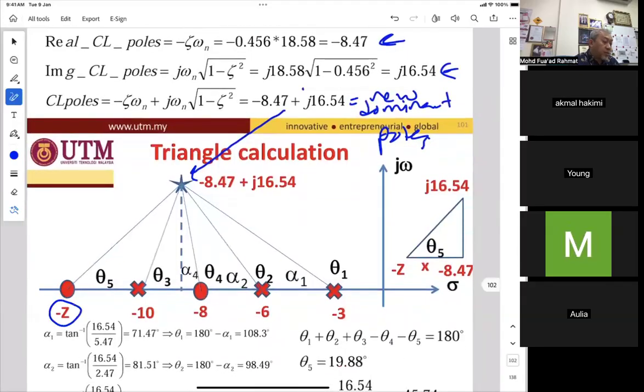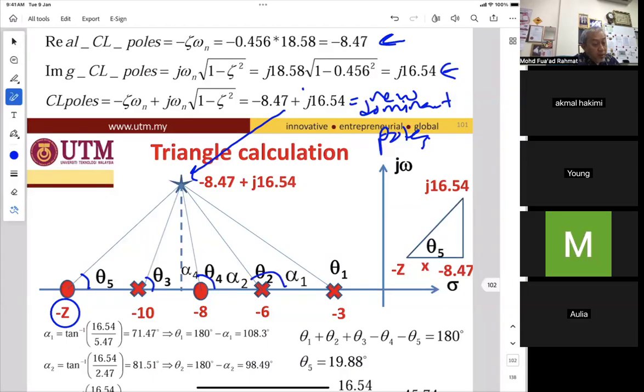That is known as minus Z. We assume the location of the zero of the PD controller at minus Z with the corresponding angle theta phi. Then the angle of the pole at minus 10 is theta 3. Angle for the zero of minus 8 is theta 4. Angle for the pole at minus 6 is theta 2.